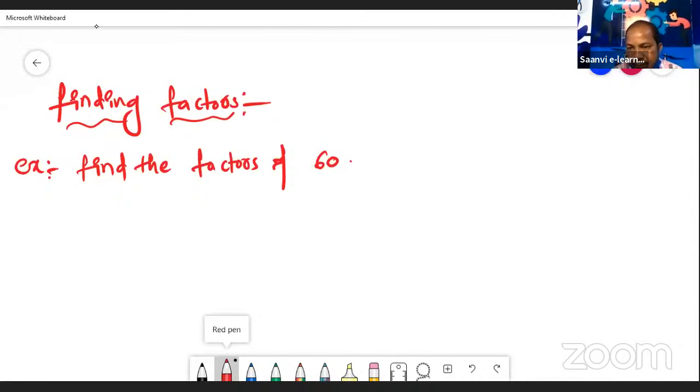Here it is asking to find the factors of 60. It means, with how many numbers will 60 divide exactly.